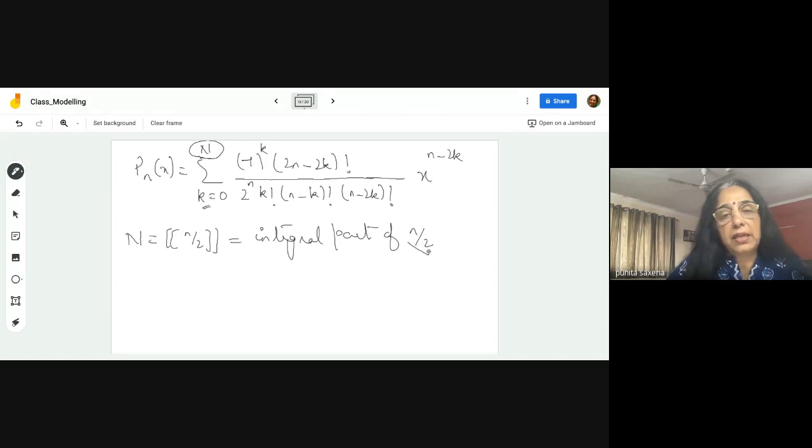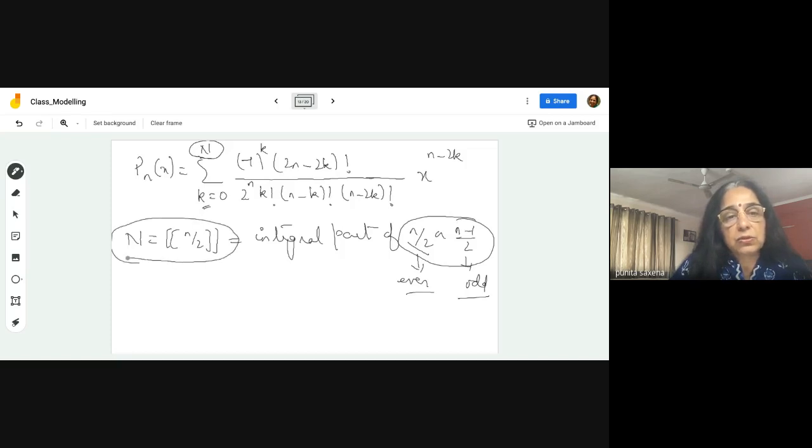So basically, whether we write n by 2 or (n minus 1) by 2 depends upon whether n is even or odd. So your summation starts from 0 and moves up to the integral part of n by 2. And what is small n? The degree that we are talking of.